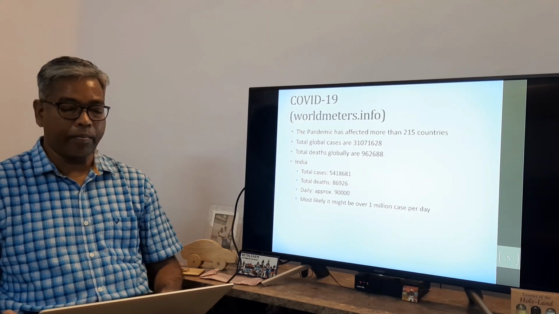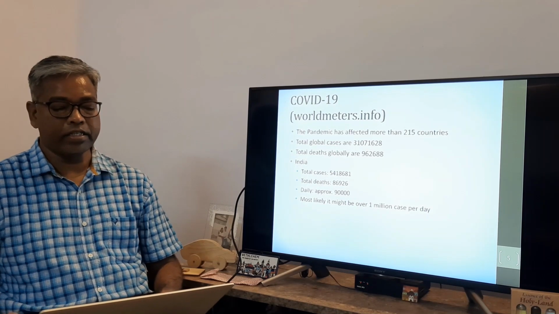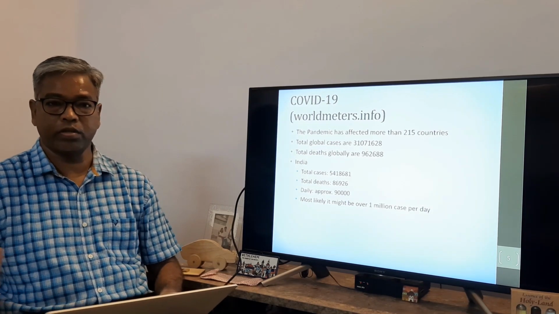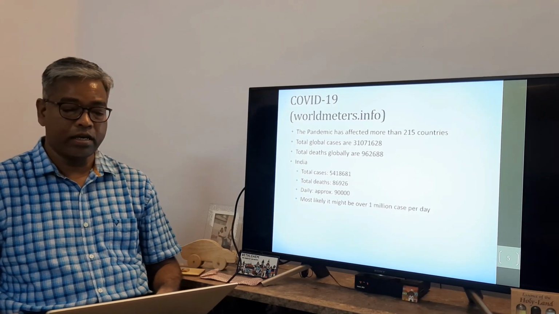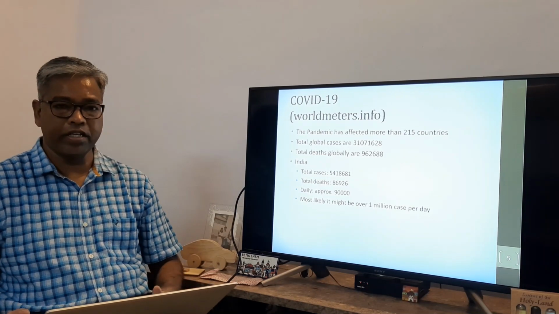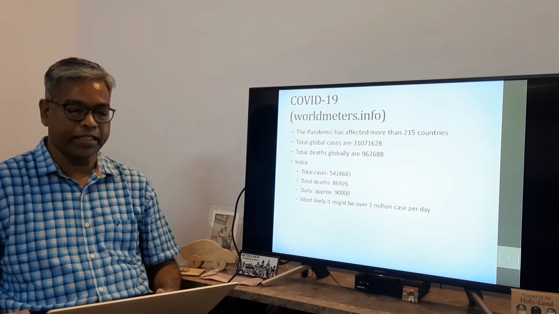The daily approximate rise in India is about 90,000. We were thinking it would cross 1 lakh reported cases, but somehow it is around 90,000. There can be various reasons, and I'm not going to go into those details.